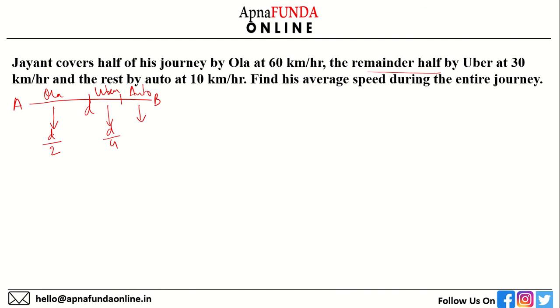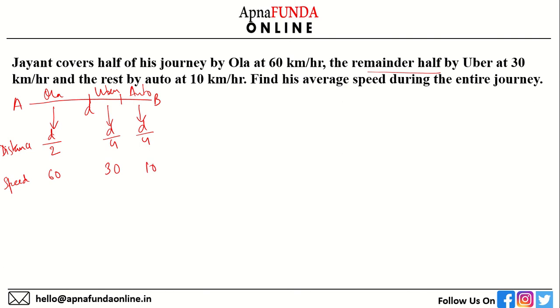And similarly, the distance traveled by auto is also d by 4. This is the distance that we have assumed. The speed is given. By Ola, he travels at 60 km an hour. By Uber, he travels at 30 km an hour. And by auto, he travels at 10 km an hour.